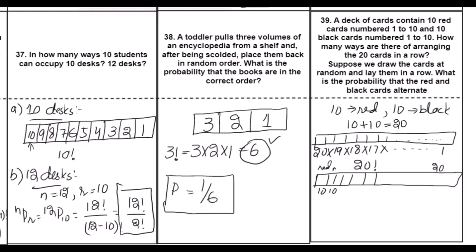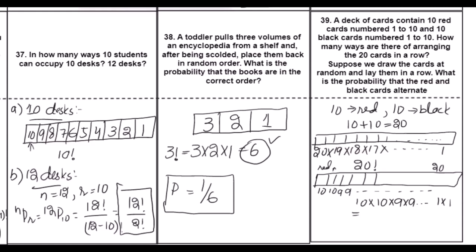Now, as one of the 10 red cards is placed, in the third place I have 9 choices for the red card, and for the black card I have 9 choices as well. So at the end I will get choices like 10 into 10 into 9 into 9 up to 1 into 1.